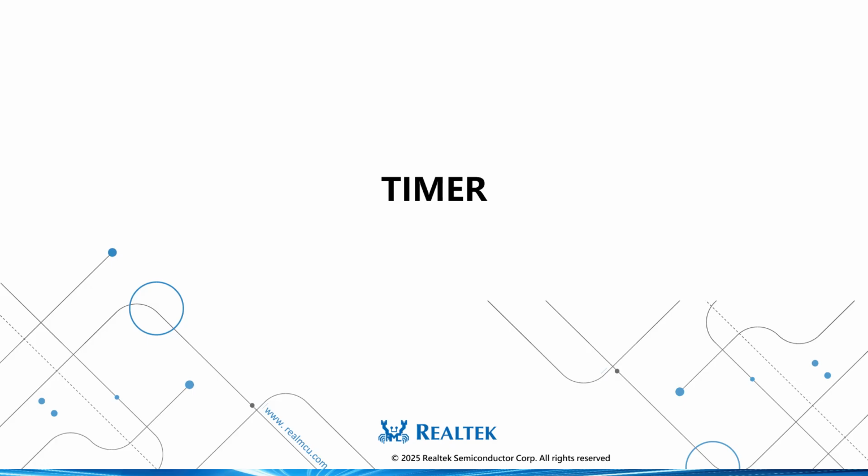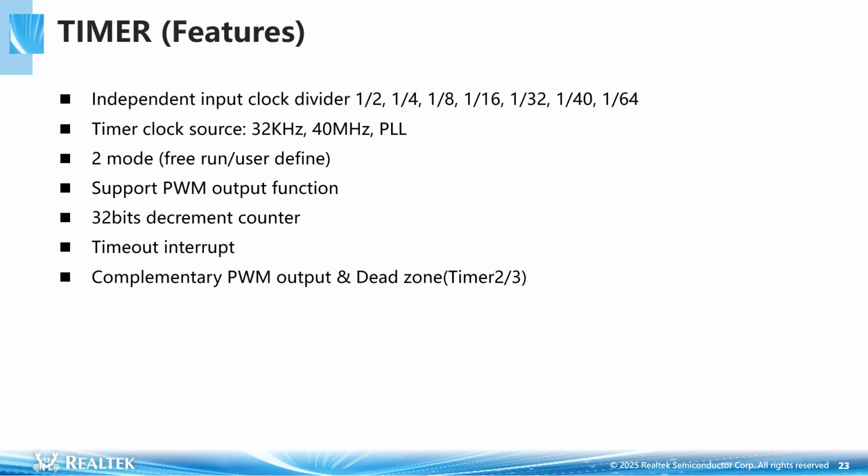Next, we will introduce timer and PWM. The timer has the following key features. Point 1. Each timer has independent clock division capabilities. Point 2. Users can select from various clock sources. Point 3. It supports 2 counting modes, free run and user-defined. Point 4.